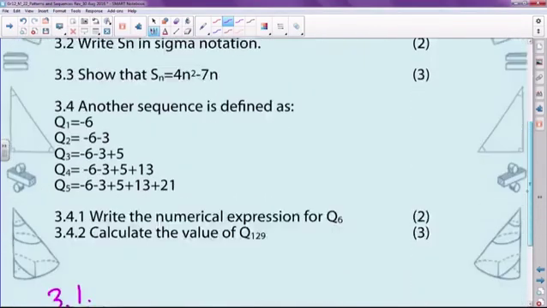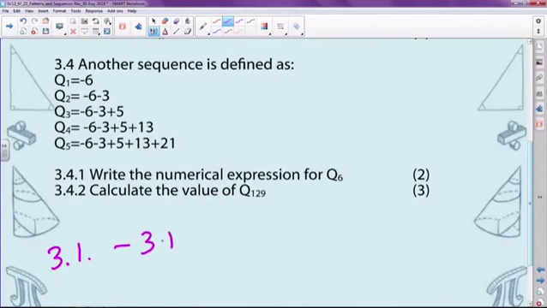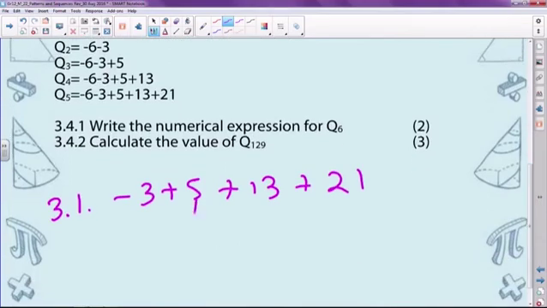So I've got minus 3 plus 5 plus 13 plus 21. You would work out the value for d by either saying term 2 minus term 1 or term 3 minus term 2, etc. And you'll get that your constant difference is 8. All right, so d is equal to 8.